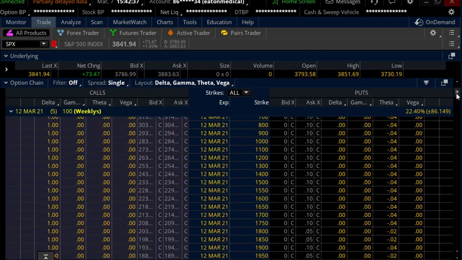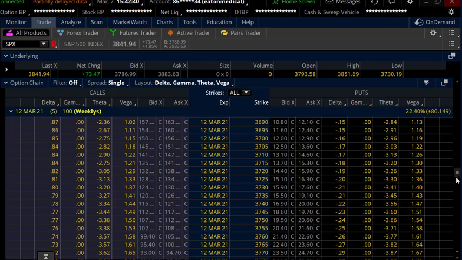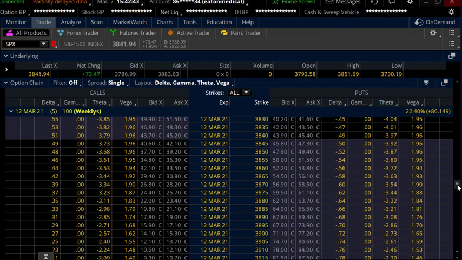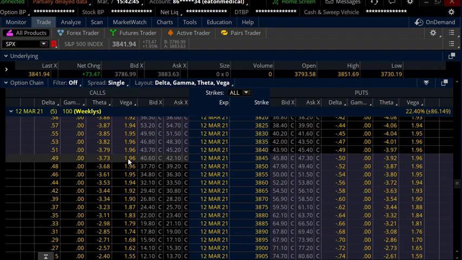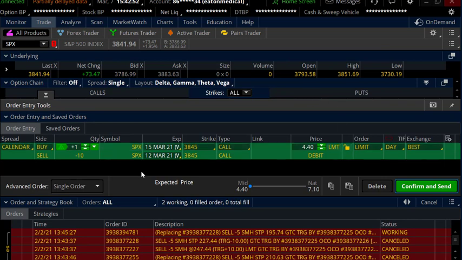So that would look like this. Let's do the call side. Typically, the call side is a little more liquid, so we're going to look at it from that side. And we're going to buy a calendar. Obviously, it's Sunday night, so the market's not open, but this is what your expiration would look like.